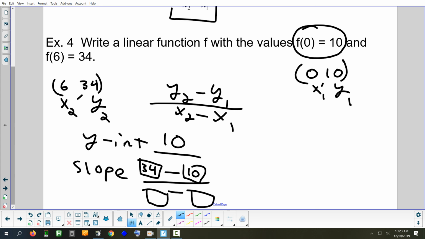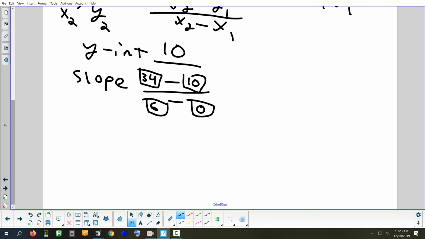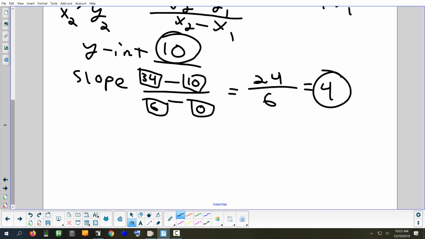What's x2? 6. What's x1? 0. Okay. 34 take away 10? 24. 6 take away 0. And what's 24 divided by 6? 4. There's your slope.